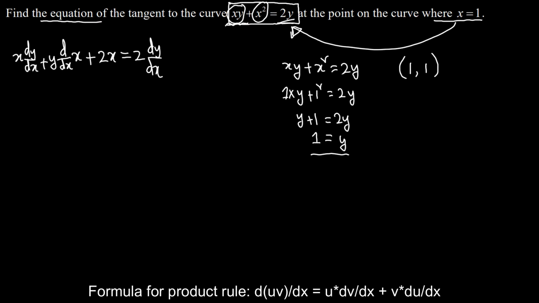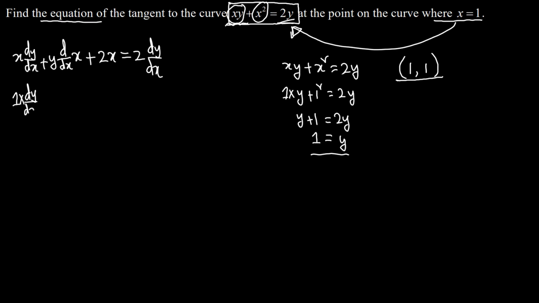Now our target is to find the value of dy/dx at that particular point where x equals 1 and y equals 1. Let me put this value in this equation rather than making dy/dx the subject. So x is 1, so we can write 1 into dy/dx. Then y equals 1, and the derivative of x is 1 as well.